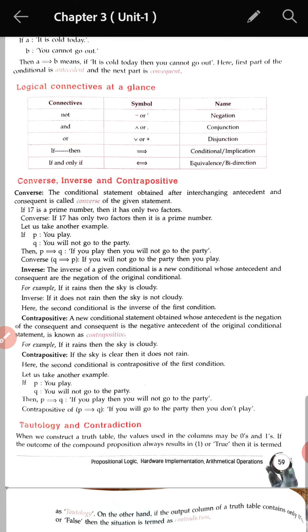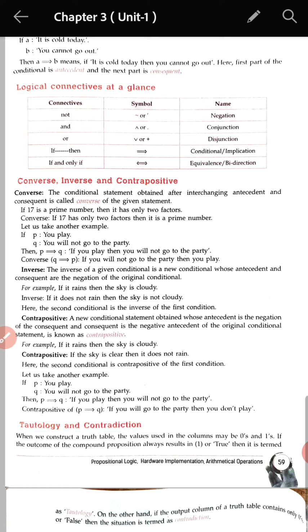Then see, we have converse, inverse, and contrapositive. Converse, inverse, and contrapositive always belong to the type of sentences which contain if then, because they are based on antecedent and consequent.